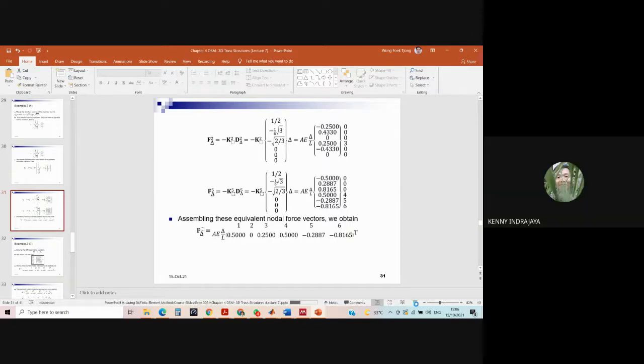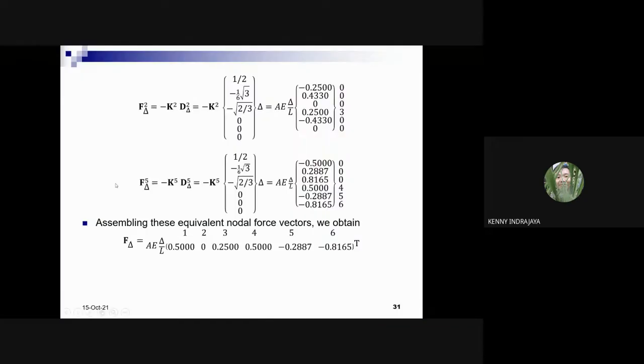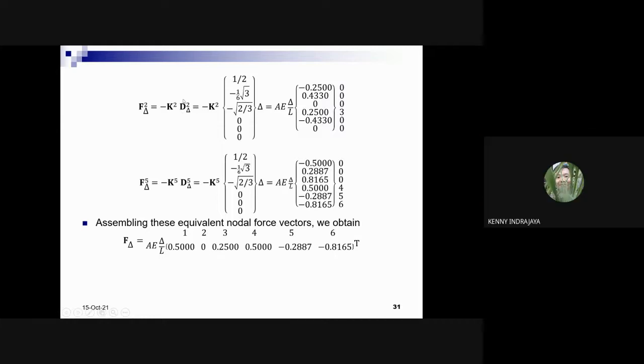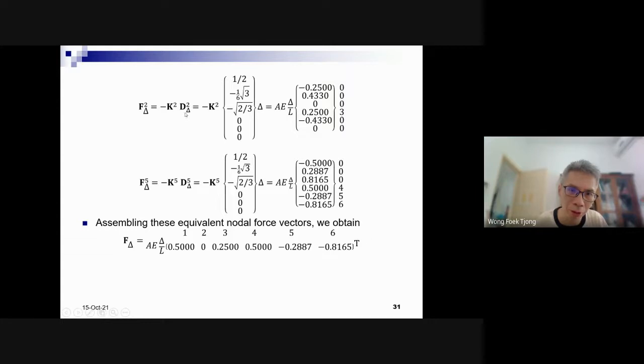Sorry, sir, what do the 0, 0, 0 represent in the vector? Remember, this is the displacement vector for element number 2, but it's 6 by 1.